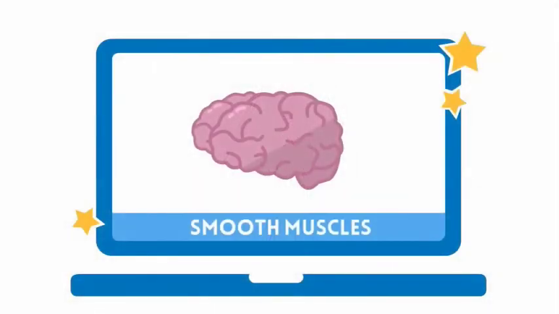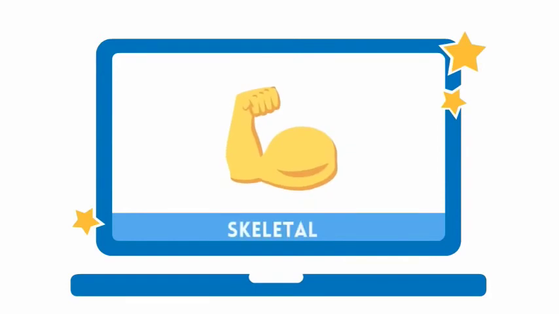Smooth muscles are involuntary muscles, which means you do not have to think about them in order for them to work, and they help with the movement of food, waste, and blood throughout our body. Skeletal muscles are voluntary muscles that work with bones in order to help us move around. When most people think of muscles, they think of skeletal muscles.